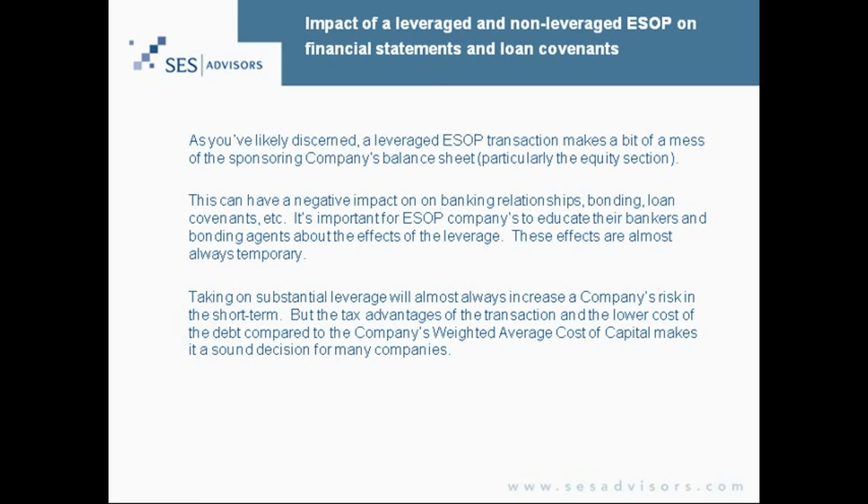So it's something that you have to discuss with a banker or a bonding company. They have to get comfortable with an ESOP transaction and the accounting for it. Often you'll give pro forma statements before the transaction closes so that they know what to expect and how this works.